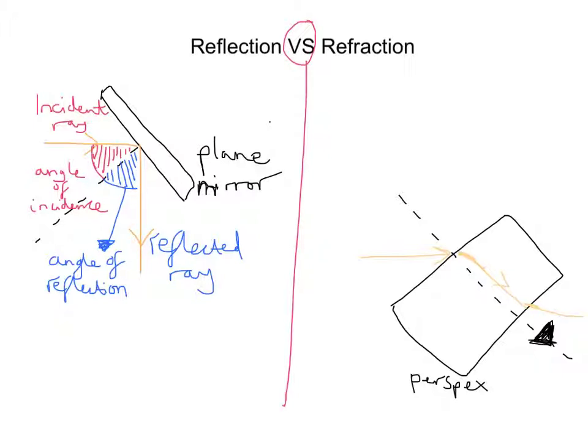So what we have now, once again, is our incident ray. And this here, I'll shade in red, that is the angle of incidence.